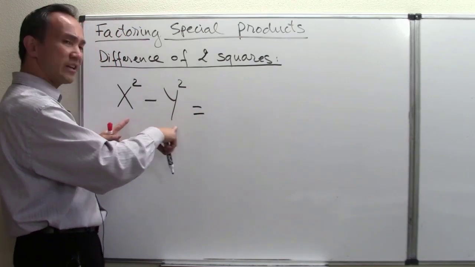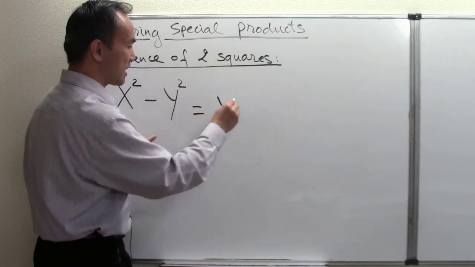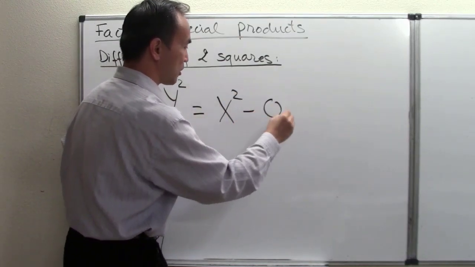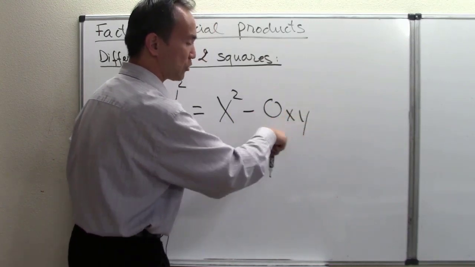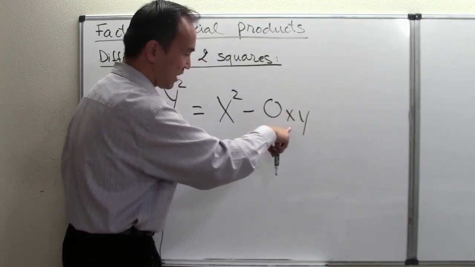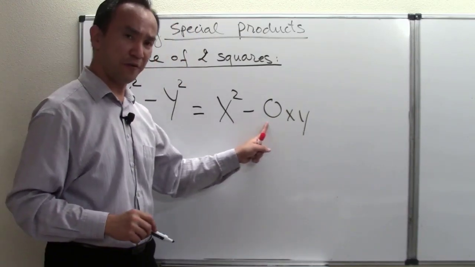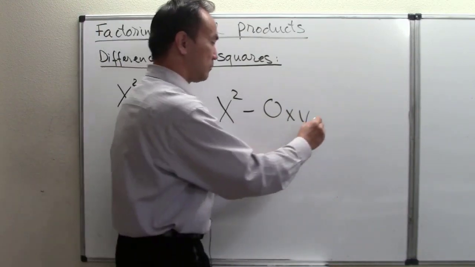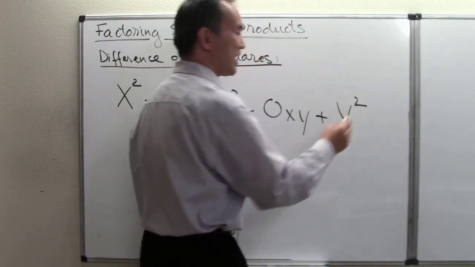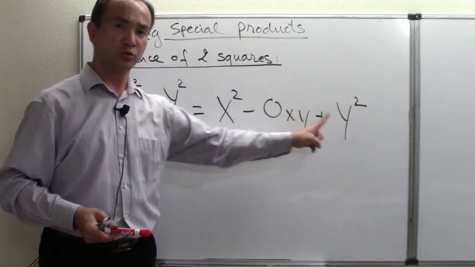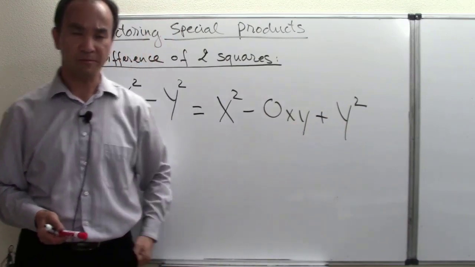So I recommend to see this as x squared minus 0xy, all capital letters right here, even though I purposely wrote them a little smaller than that 0, the coefficient. So 0 times xy plus y squared. Now we have our happy 3 terms quadratic expression.